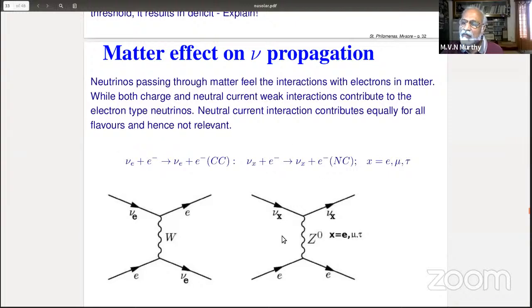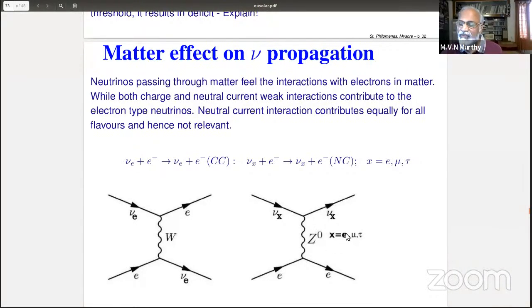Neutral current is common for all the flavors of neutrinos, and in fact it has the same strength, same probability. Whereas for electron neutrinos, there is a special interaction called charge current interaction, which allows it to have a slightly different interaction compared to all other neutrinos.